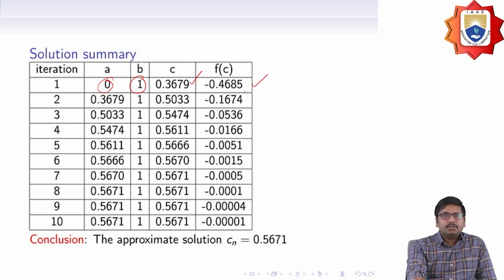After considering 0.3699 and this one, the c value I'm getting here is this and the f of c value is this. And again the a value is this, the b value is 1, and again this one and f of c is this one.